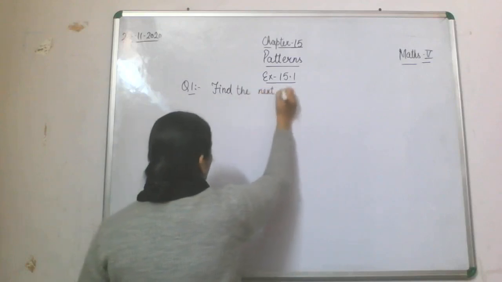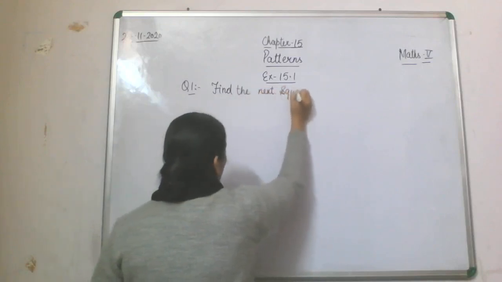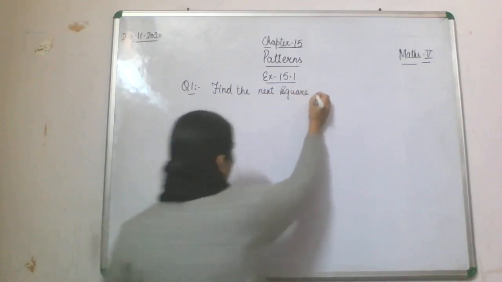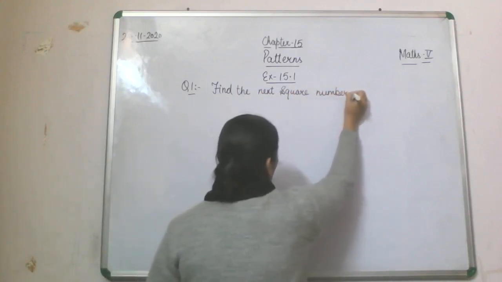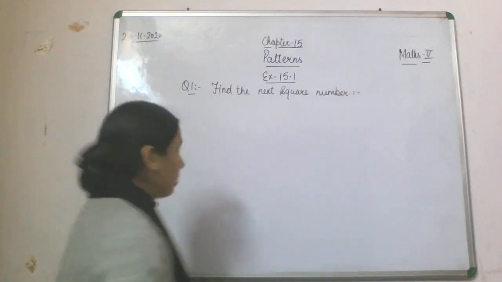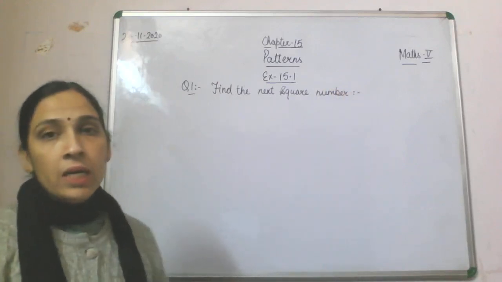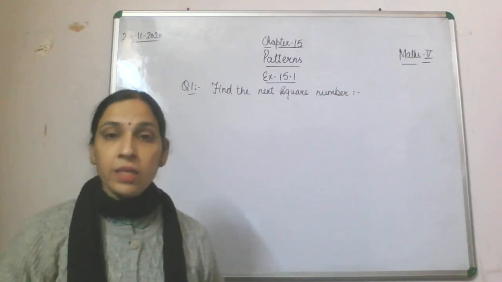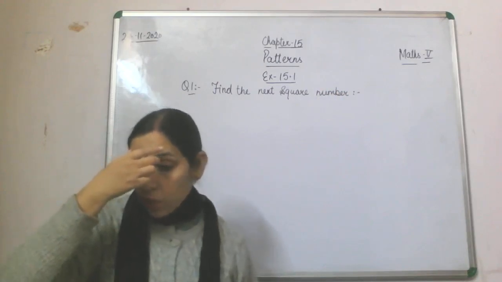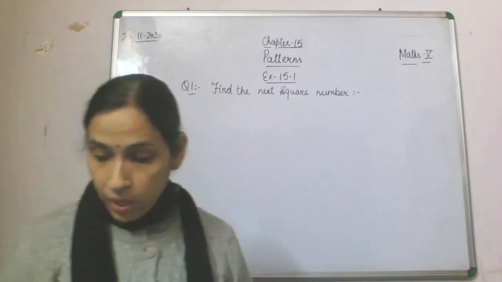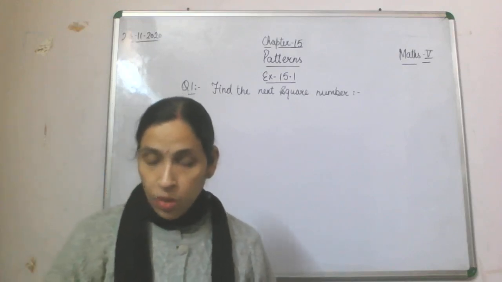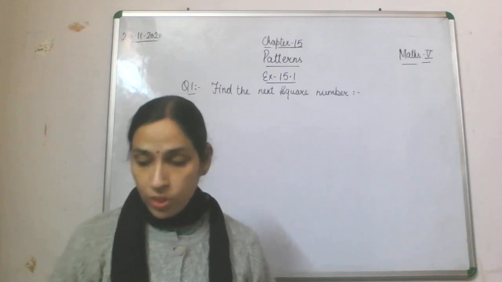So you have been given a number and you have to find the next square number. What exactly are you supposed to do? For finding the next square number, you have to take the square number just before that number.